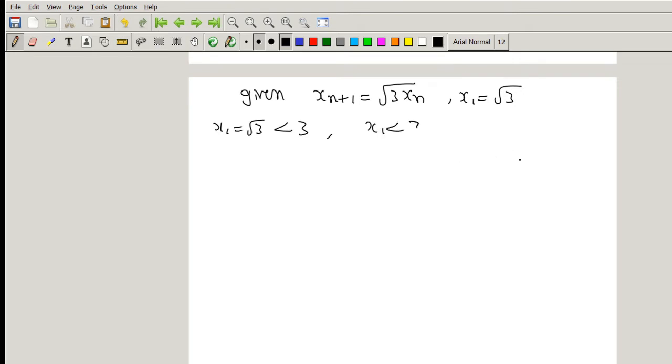So x1 is less than 3. Suppose the same inequality, that is xn less than 3, holds. Then we have to prove for the n plus 1 term. Suppose the result is true.